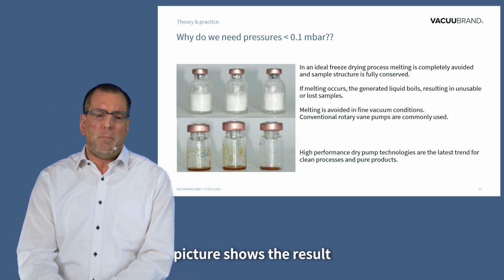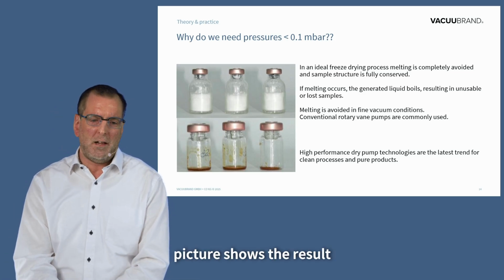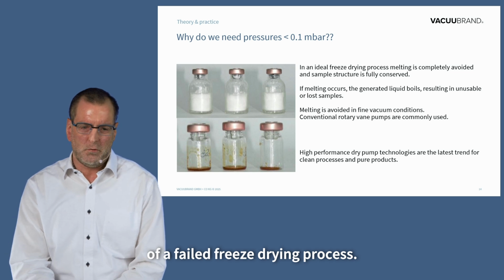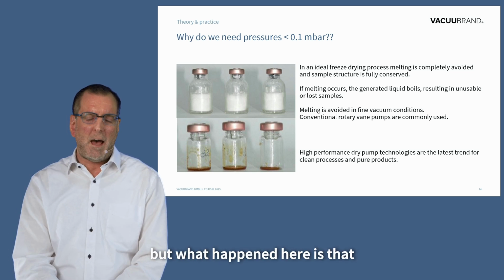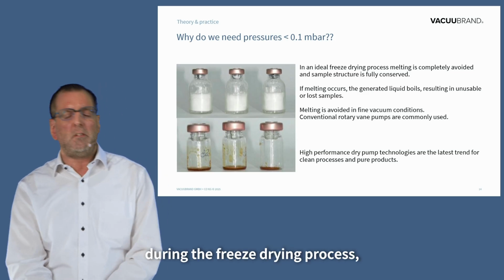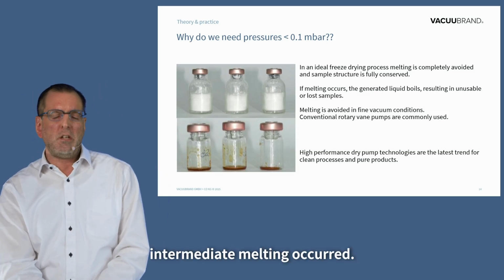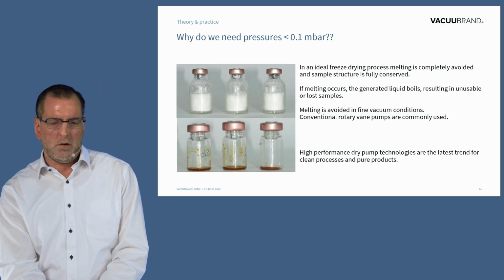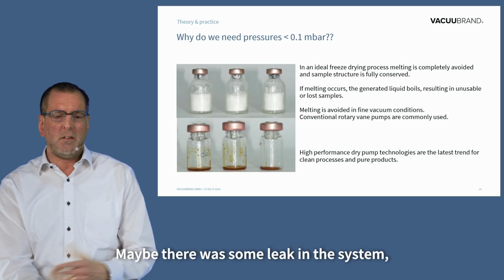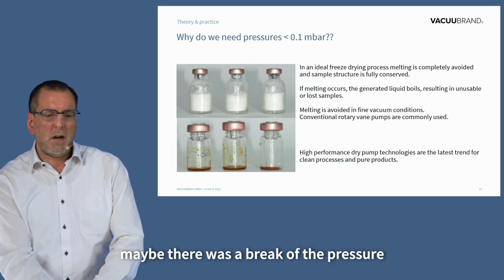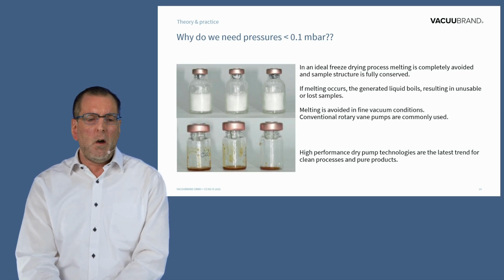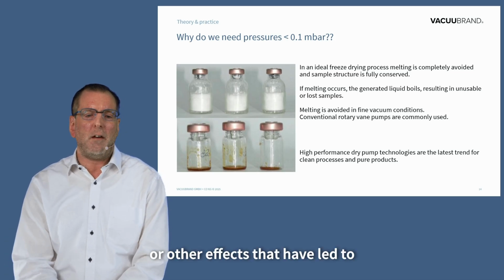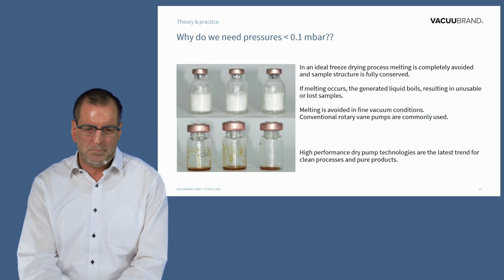The lower part of the picture shows the result of a failed freeze drying process. These are the exact same samples, but what happened here is that during the freeze drying process, intermediate melting occurred. Maybe there was some leak in the system, maybe there was a break of the pressure leading to a pressure spike, or other effects that have led to intermediate melting here.